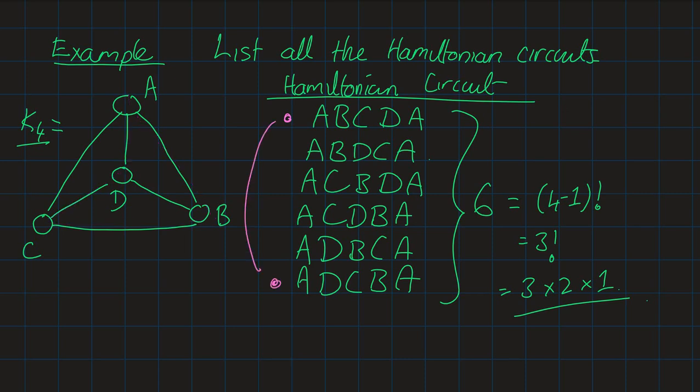And these two are just sort of like the same, but in opposite directions. One of them goes that way, and the other one goes the other way. So they're different, but they're very, very similar. Okay, and you are able to pair up all of these in this list. There's always like the backwards direction for the Hamiltonian circuit, but we count them nonetheless. Okay, so that's the end of this example, and that's the end of this video.